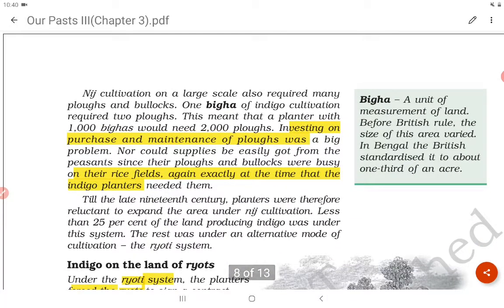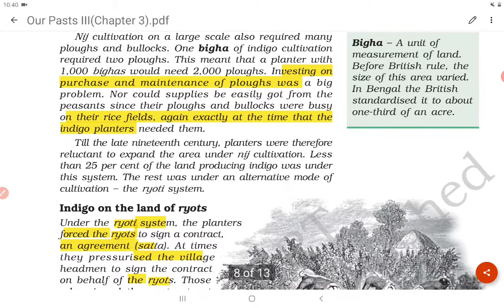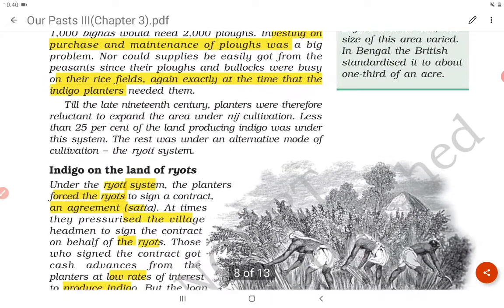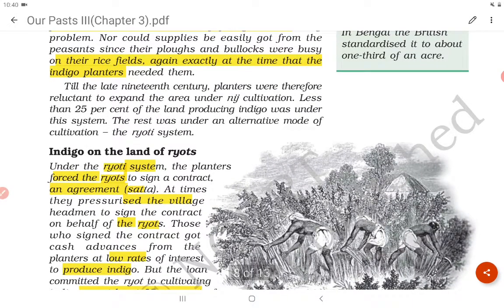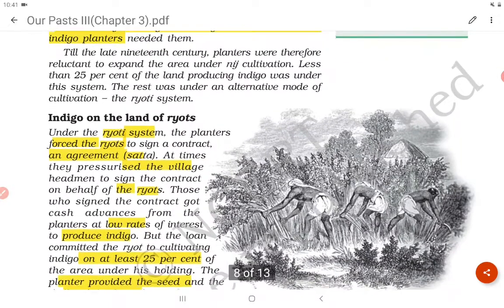Investing on purchase and maintenance of plows was a big problem. Nor could supplies be easily got from the peasants, since their plows and bullocks were busy on their rice fields, again exactly at the time that the indigo planters needed them.